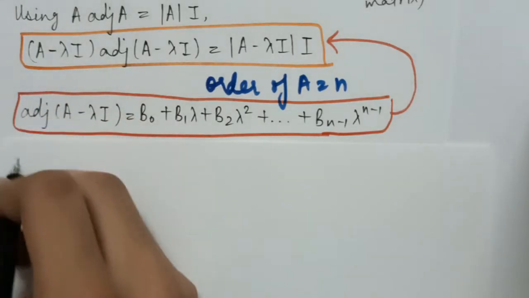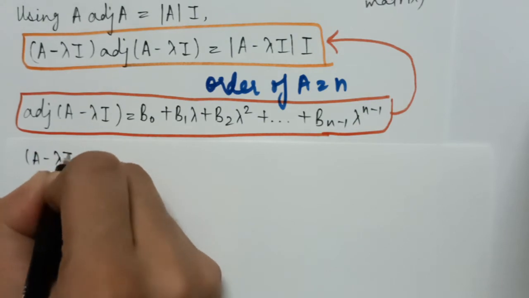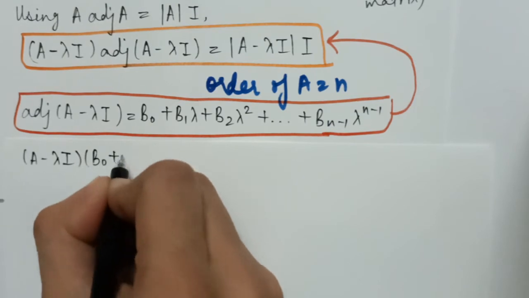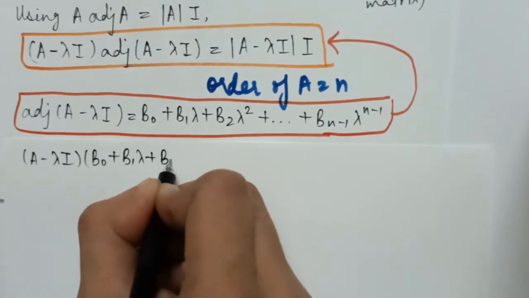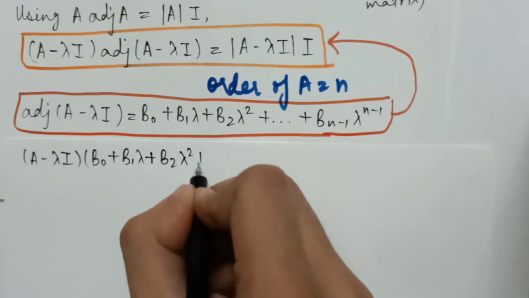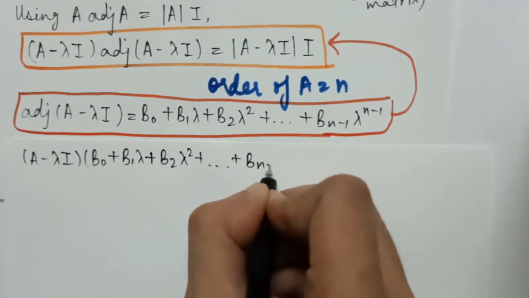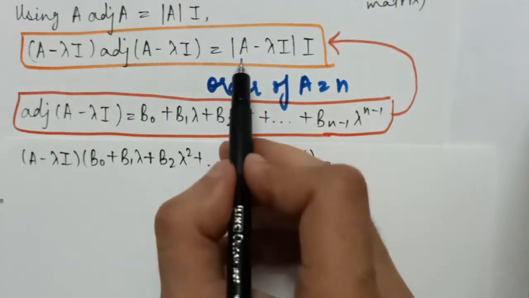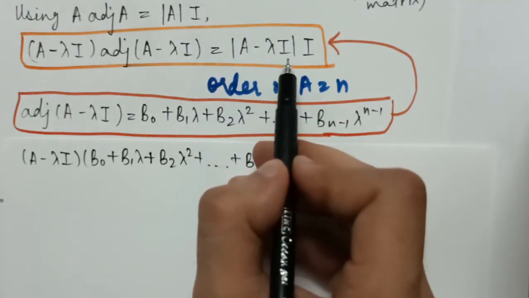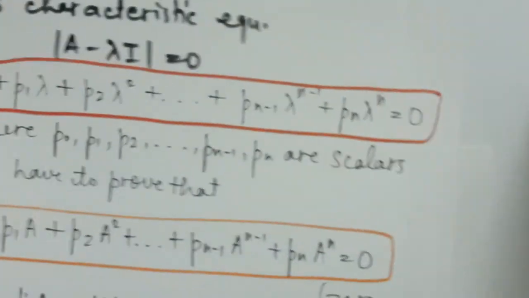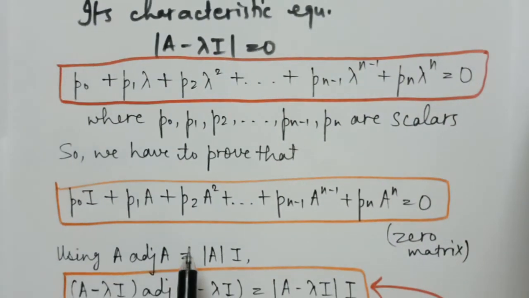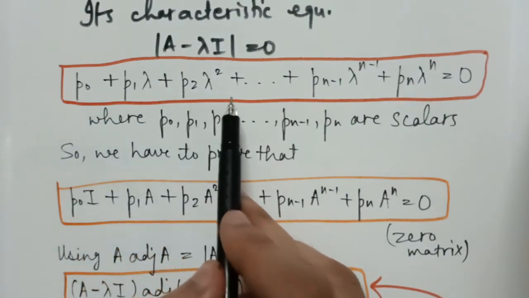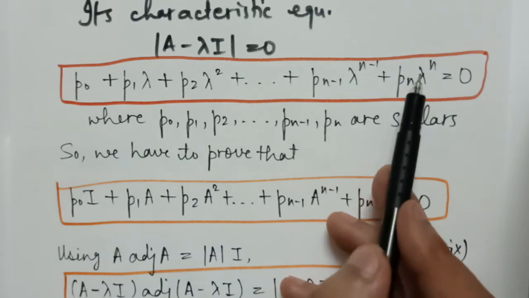So now A minus lambda I, and the value of the adjoint of A minus lambda I, B0 plus B1 lambda plus B2 lambda square plus up to Bn minus 1 lambda n minus 1, is equal to the determinant of A minus lambda I, which we know is equal to p naught plus p1 lambda plus p2 lambda square plus up to pn lambda n.